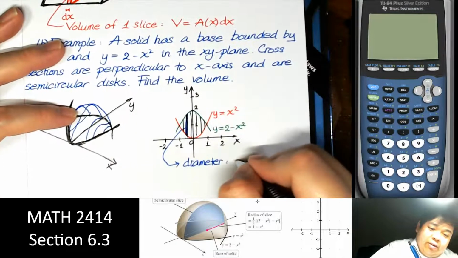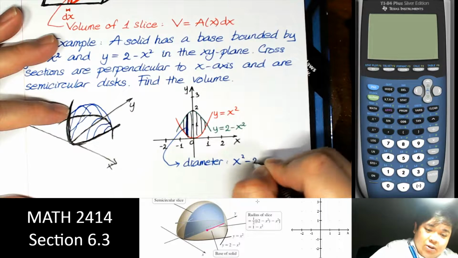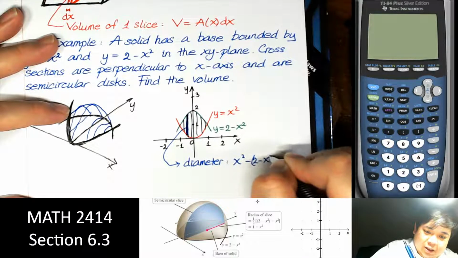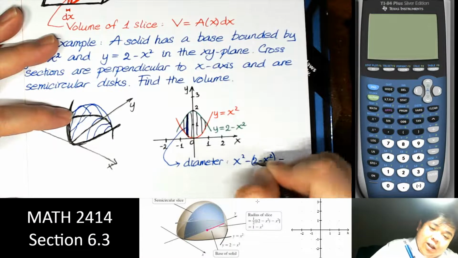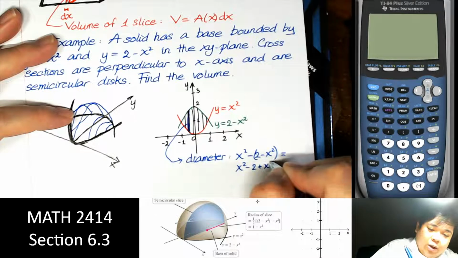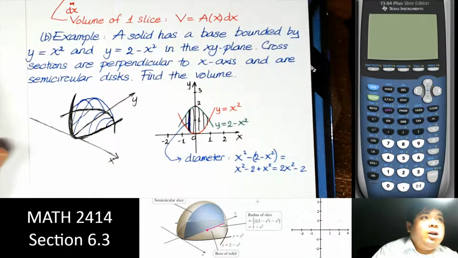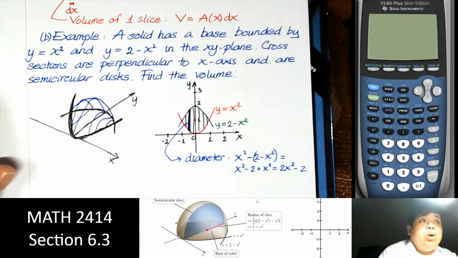The function above minus the function below gives us x squared minus 2 plus x squared, equal to 2x squared minus 2. And if we divide everything by 2, that gives us the radius.